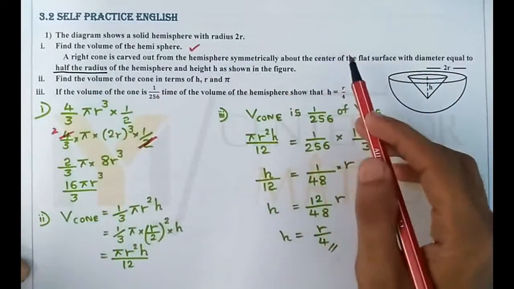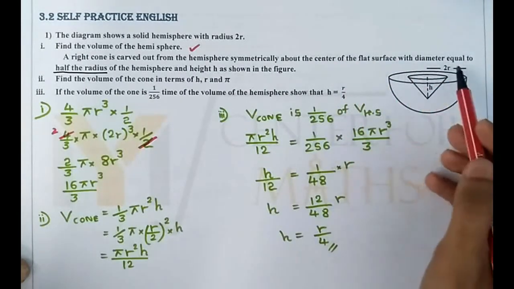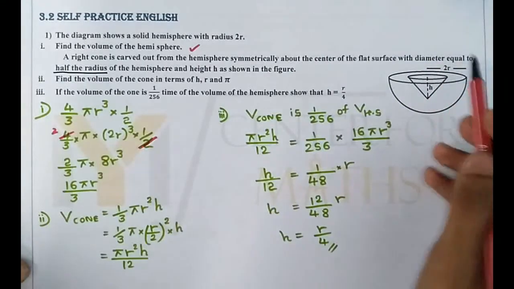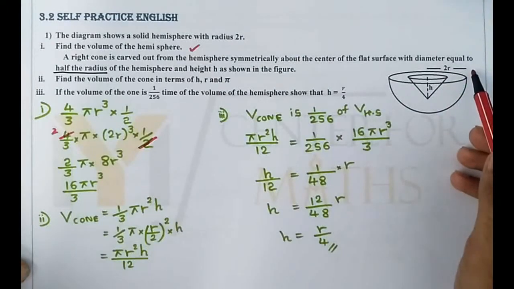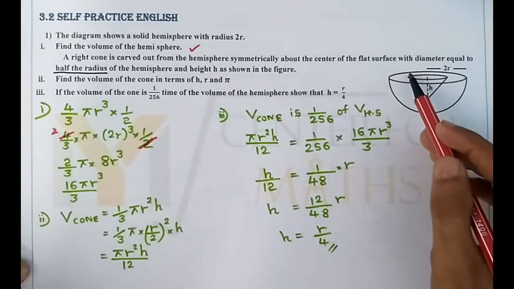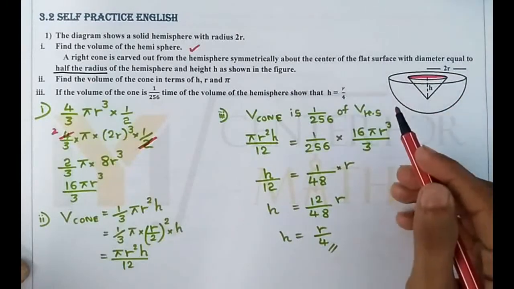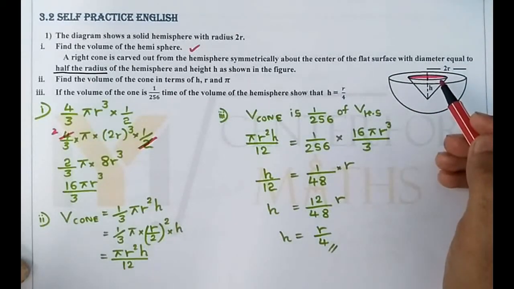Okay, so again, the diameter of this cone is equal to half the radius of the hemisphere. Half the radius of this hemisphere is r. That means r is equal to the diameter of this cone. Okay, fine. So what is the radius of this? That's r/2. You got it?